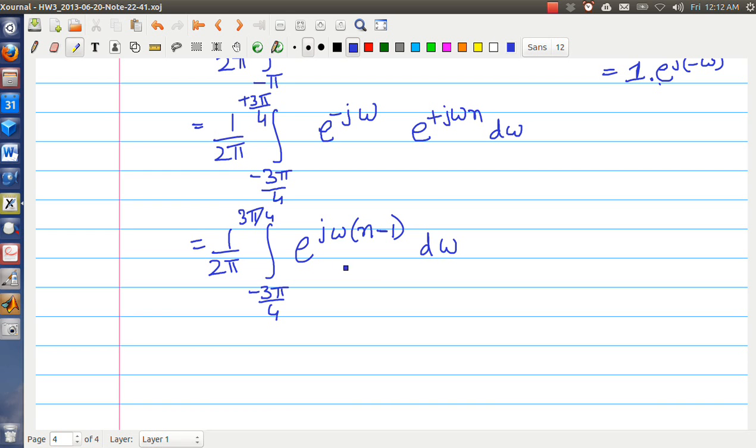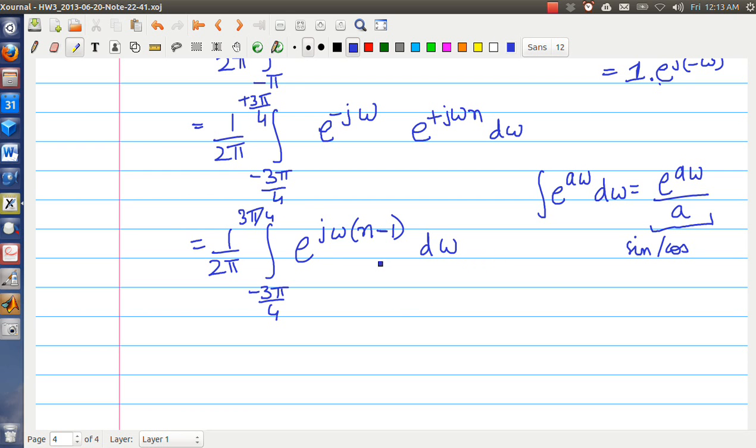To solve this integral, you remember this integral equation: the integral of e^{aω} dω is e^{aω} over a, and later on in the next step it can be simplified into a sine or a cosine because of the way this is set up.